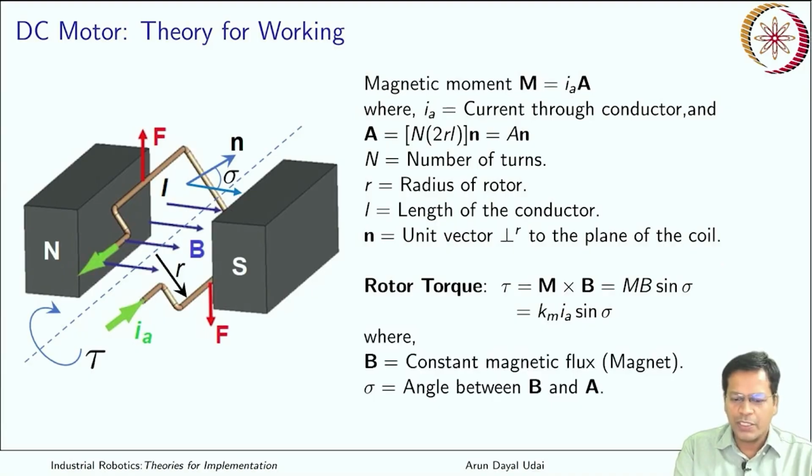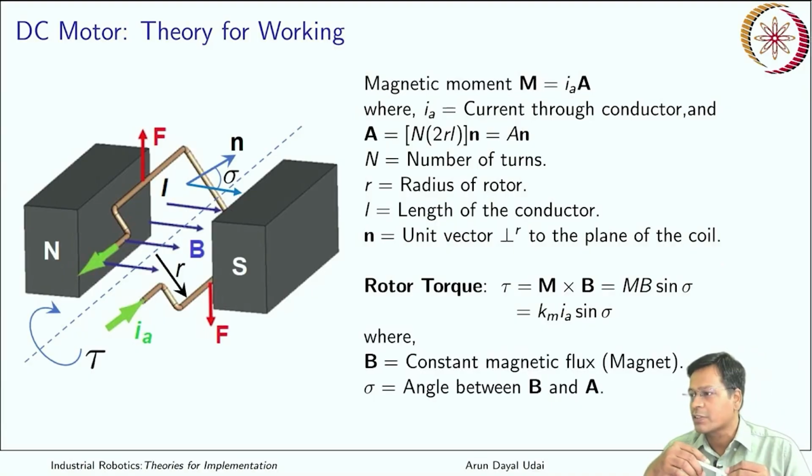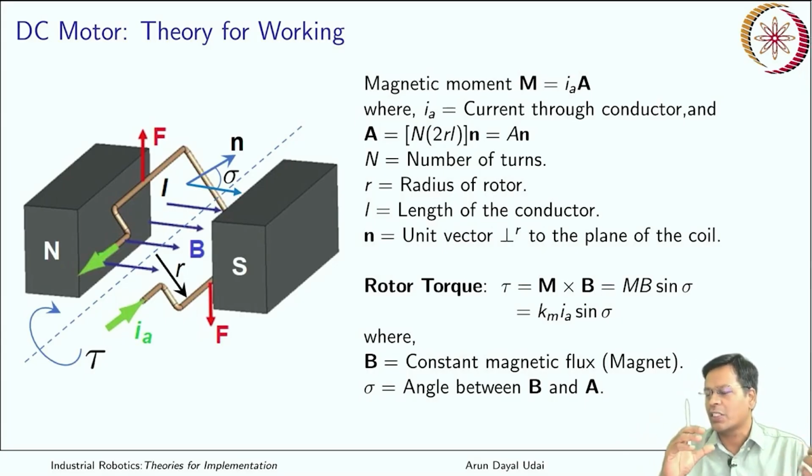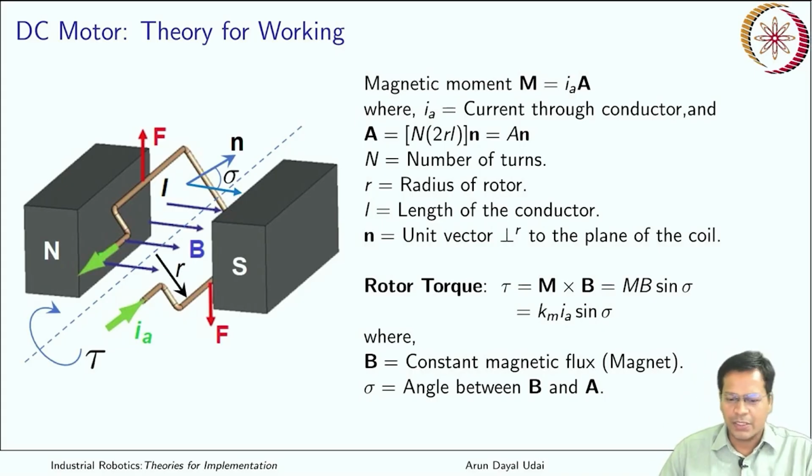I will tell you. B is the constant magnetic flux, because these magnets are permanent magnets. Even if it is an electromagnet, it doesn't matter, the current is always constant through the exciter coils. That makes the electromagnet a constant one, with constant magnetic flux. So the field remains constant. So sigma is the angle between B and A.